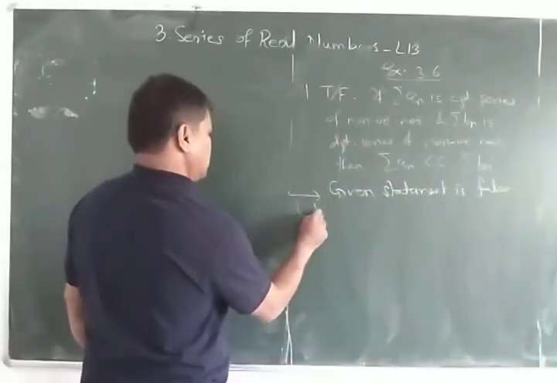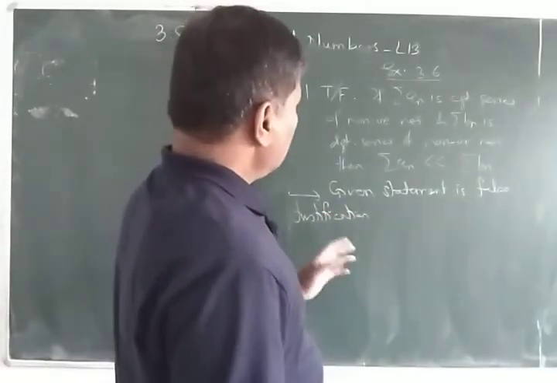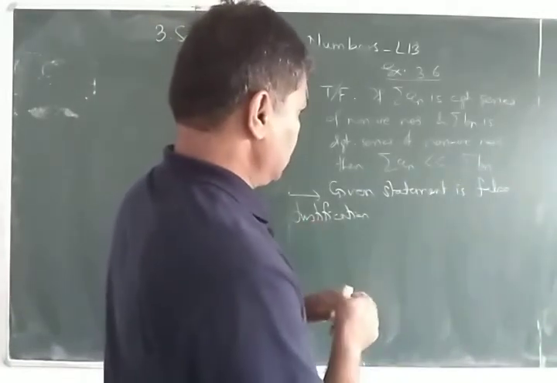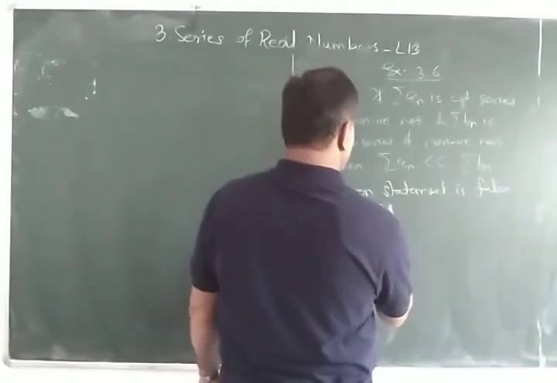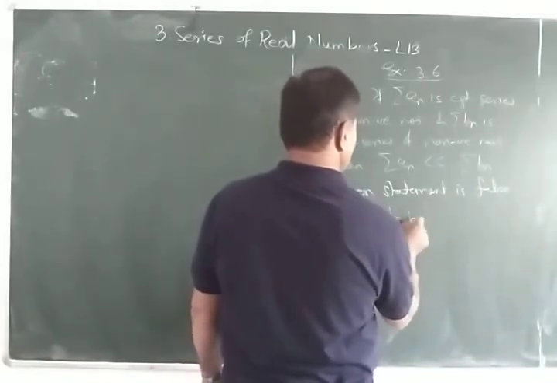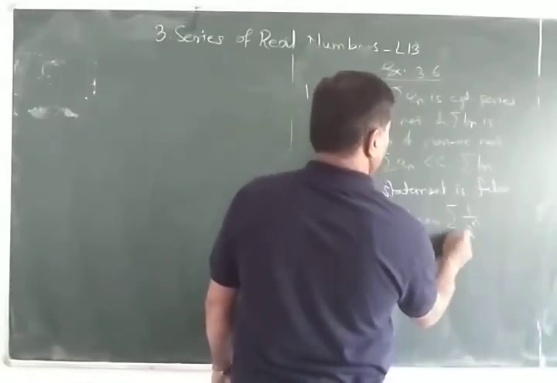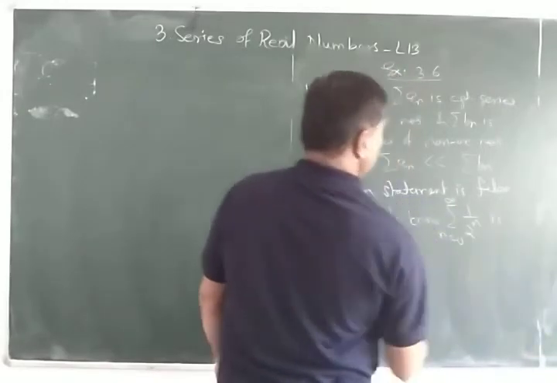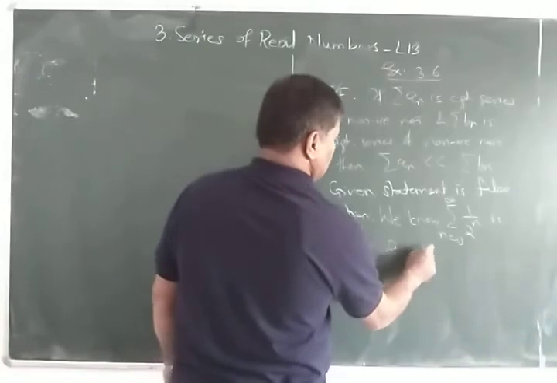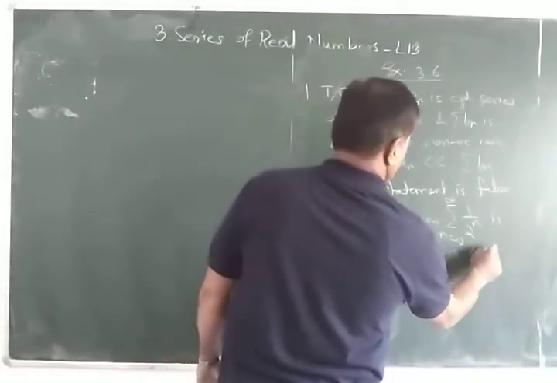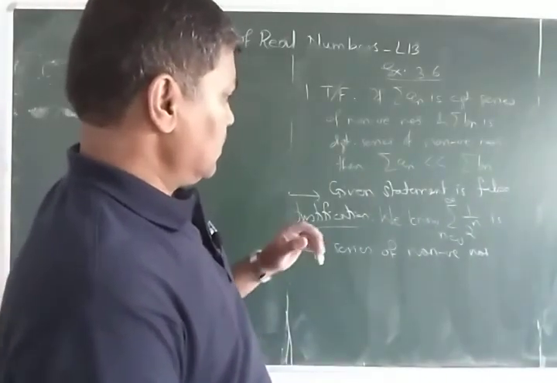Justification. We'll consider a series. We know the summation of 1 upon 2 raised to n, n equal to 0 to infinity, is a convergent series of non-negative numbers. Right.